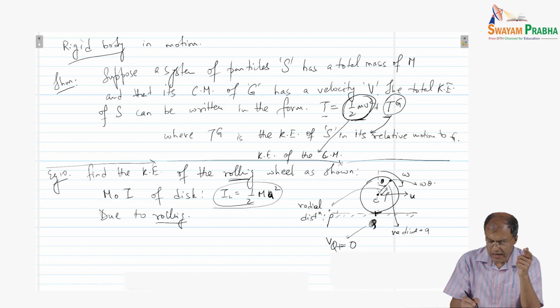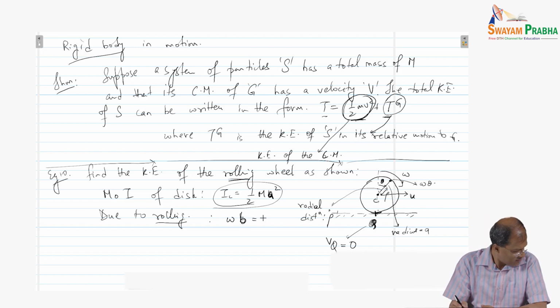Then our angular velocity omega times b is going to be u, where u is the velocity of the center of mass, or the center of the wheel in this case. So the angular velocity is related to the translational velocity of the wheel, which is omega is u over b.